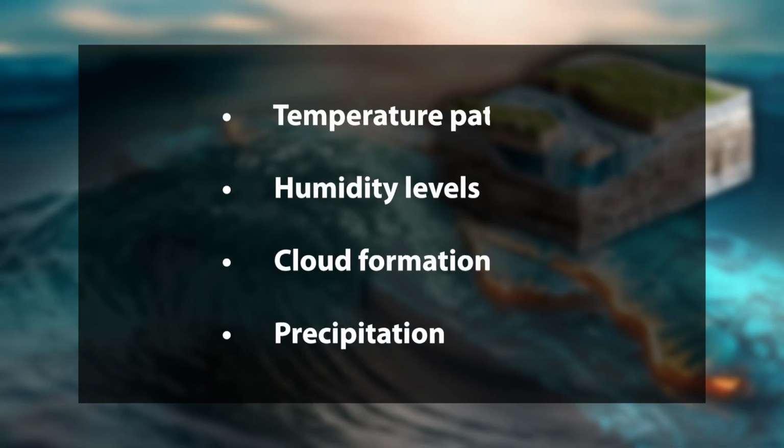One of the primary functions of the hydrological cycle is its role in climate regulation. By transferring water and energy between the Earth's surface and the atmosphere, the cycle influences temperature patterns, humidity levels, cloud formation and precipitation.